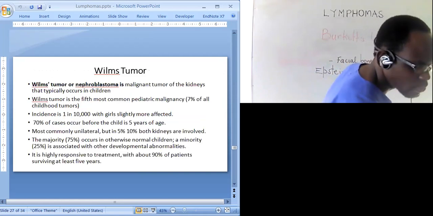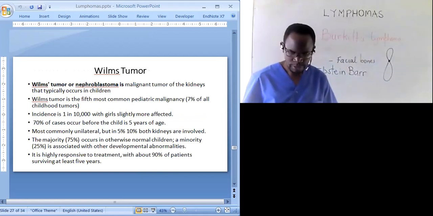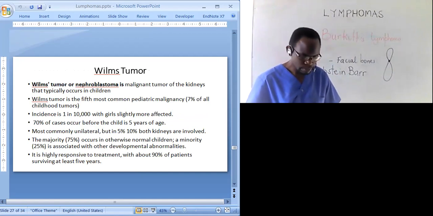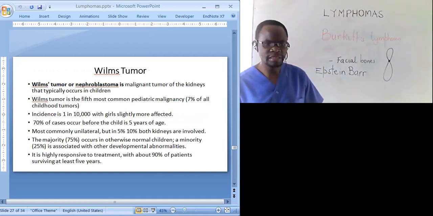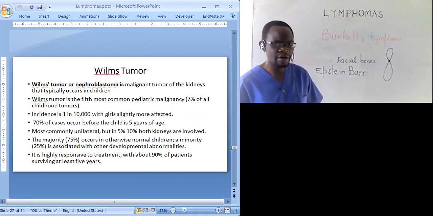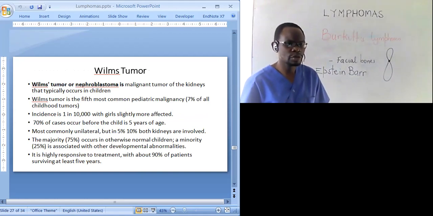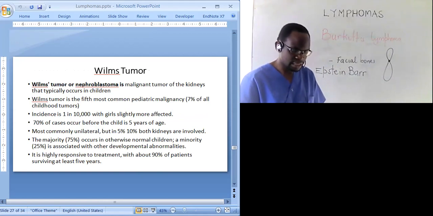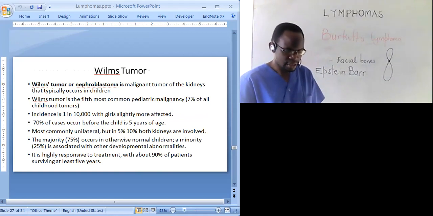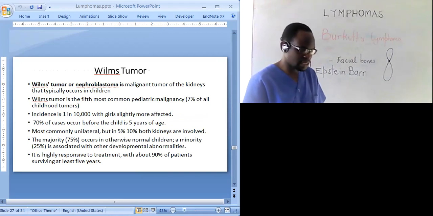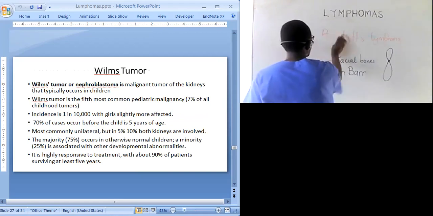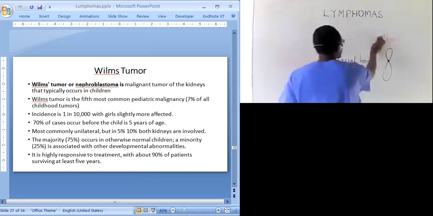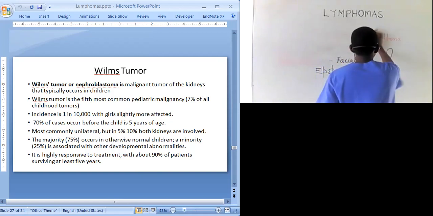It is a nephroblastoma, in other words arising out of the cells of the kidneys, and it is malignant, by the way. It is not benign. By malignant, we mean that it can spread to other areas and also bring about effects on tissues.